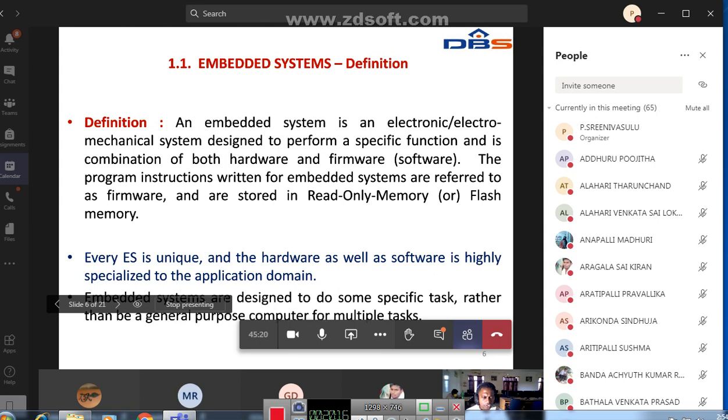You can control the washing machine. You can even control your door. Like that, embedded systems are now a very generalized application. Previously, in 2000, 2001, 2002, during those days, a mobile phone was an embedded system also. So every embedded system is unique.